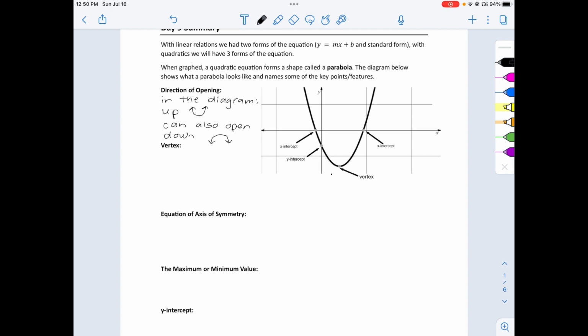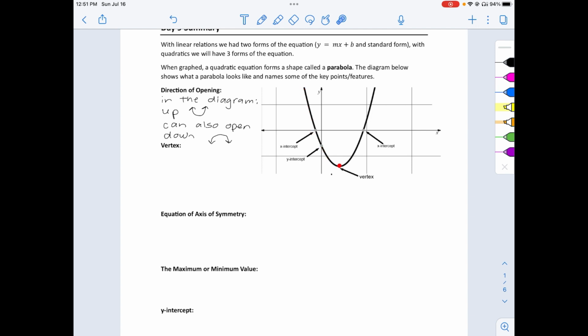The vertex. If we look at the diagram, we can see that the vertex is right here. And you may or may not notice that in this diagram, that is the lowest point on the curve. Because this parabola is opening up, the vertex is the very bottom point here. If you're moving along the x-axis, we have the curve decreasing all the way down.